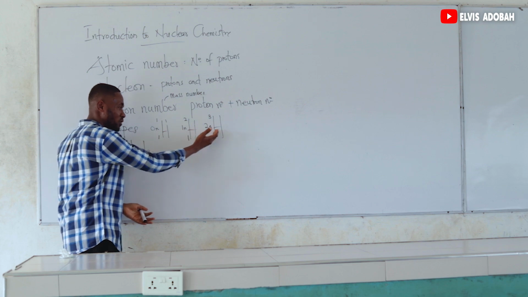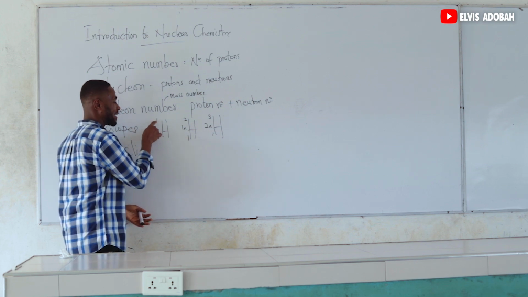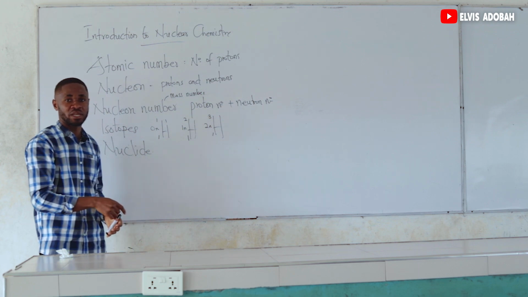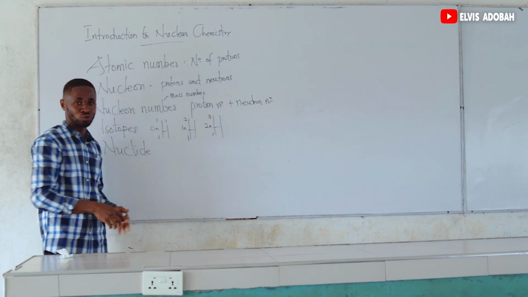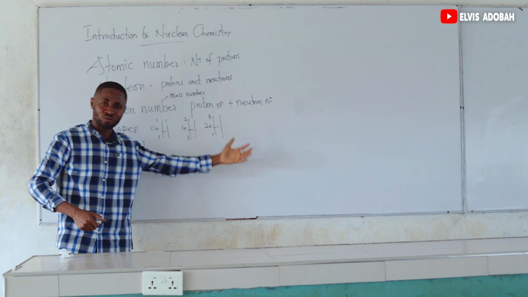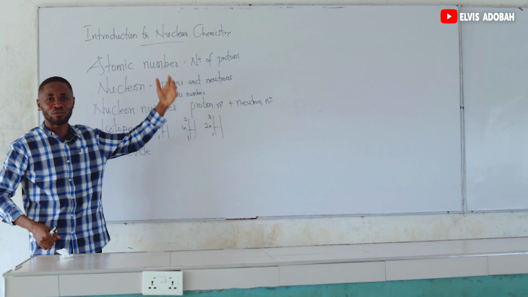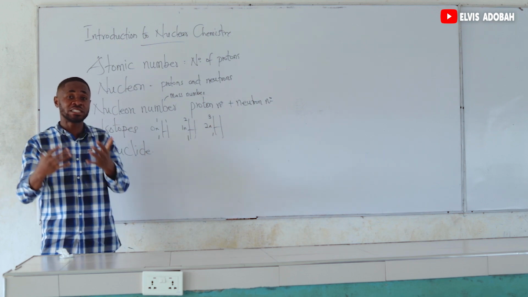So isotopes are atoms of the same element, same atomic number, but different mass numbers, caused by the changes in the number of neutrons. We do have isotopes of carbon, being carbon 12, 13, and 14, and isotopes of oxygen, oxygen 16, 17, 18.